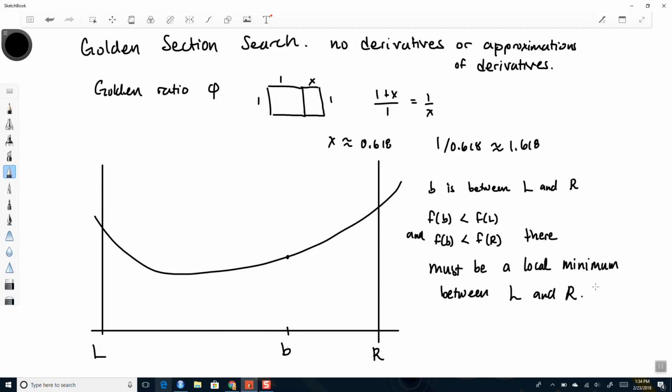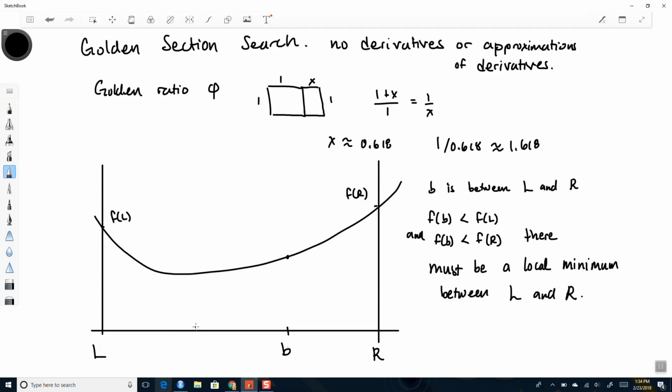So we know that there must be a local minimum between L and R.